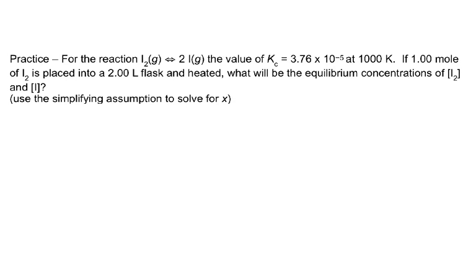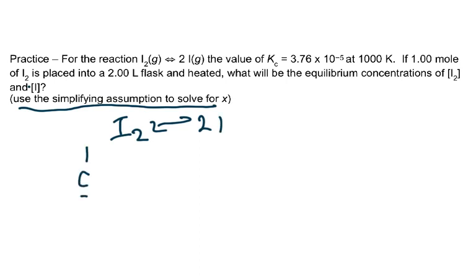Okay, here's another practice, and it tells us we can use the simplifying assumption to solve for x. We've looked at this one before, so our reaction of I2 goes to 2I, our initial, our change, our equilibrium. So our initial 1 mole in a 2 liter flask is 0.5 molar. We're going to lose some of that, gain that.